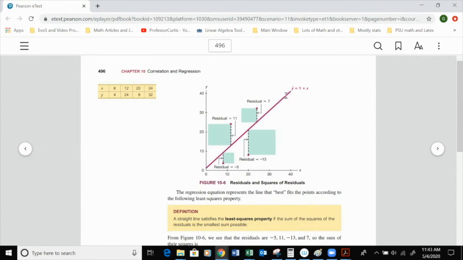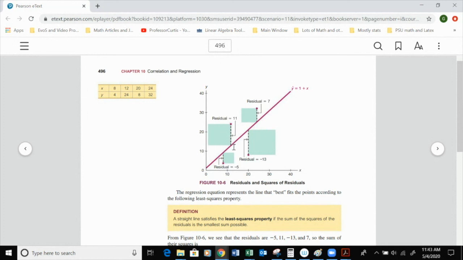How do we know that this regression line really is the best regression line you can get? And what we did was we took the predicted value. This is the hat value for 12. The y hat value predicted for 12 is right here.